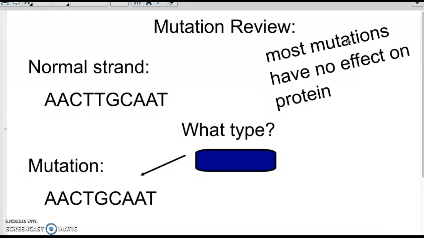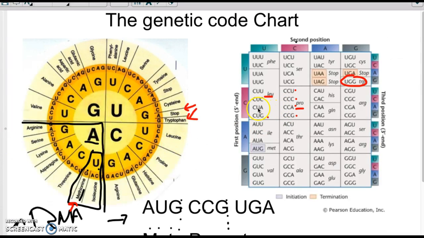Most mutations have no effect because most of the time it's just a letter change, but it still codes for the same amino acid. Let's say it was CCC and a mutation changed it to CCA. Well, CCA still codes for proline. So it still was the same protein. It just got one letter mixed up. It was a substitution, but it still coded for proline, and so it still was the same protein.